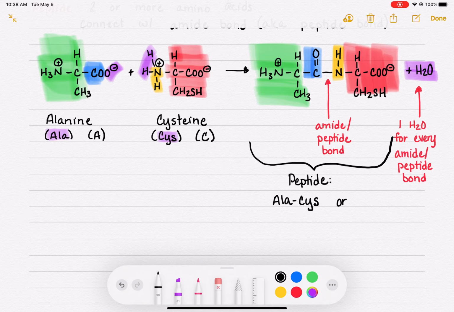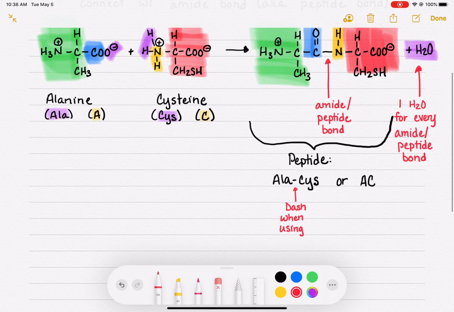Or we could also call it AC, which comes from the 1-letter abbreviations for the individual amino acids. If we're using the 3-letter abbreviations to name the peptide, we will put a dash in between each 3-letter abbreviation. So there's a dash when we are using the 3-letter abbreviations. But if we are using just the single-letter abbreviation, no dash.